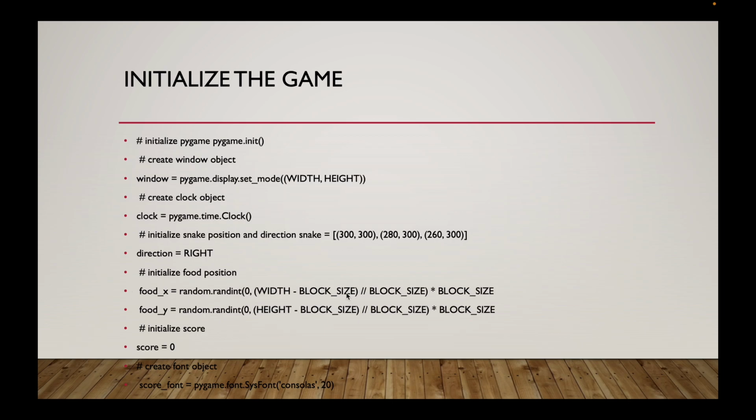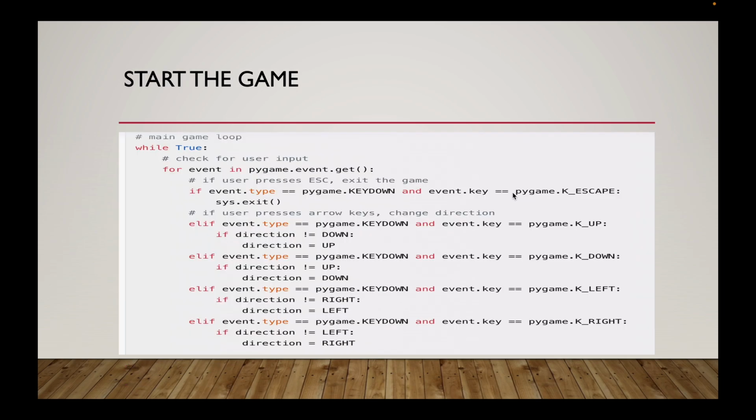So it will give us the x coordinate and again from height. If you see, this is the height and this is the y-axis. So we are getting food coordinate y-axis. Now we are initializing score. So score is 0 starting. Here the score font. Let's go to next slide.